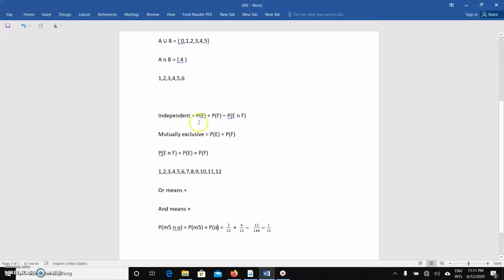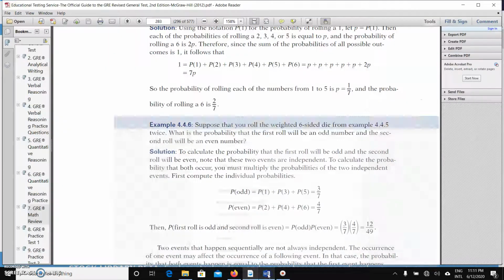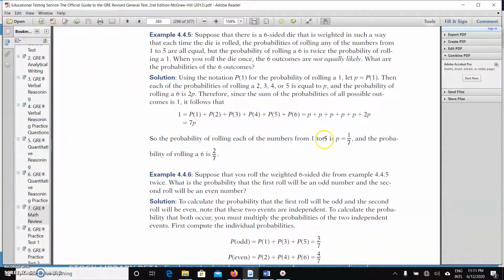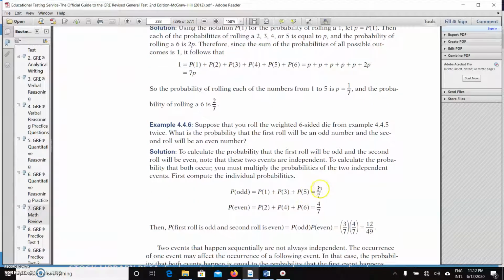So that will be 3 over 7 because we all agree here that when you add 1, 2, 3, 4, 5, 6, you're going to have 7 P's. That's why it's 3 over 7. Total number of outcomes is 7 instead of 6 because 6 has twice the probability of 1 and the rest.